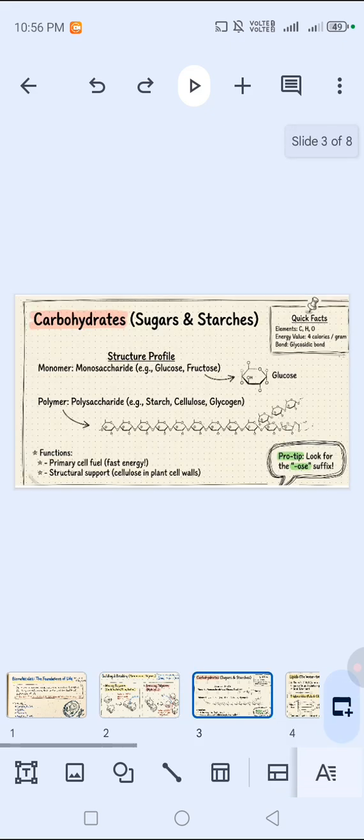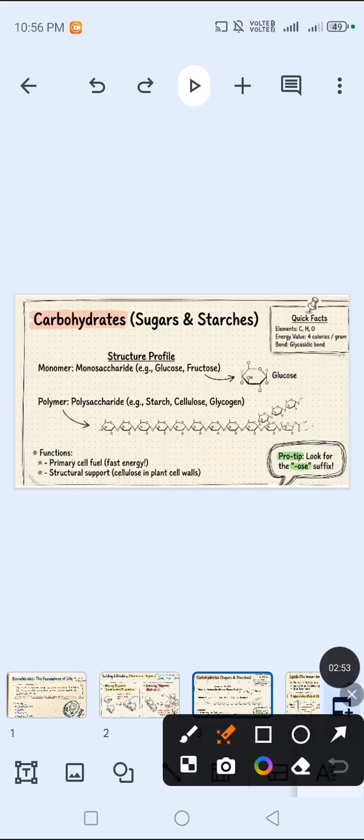So let's move to the carbohydrates, which we call sugars. First of all, carbohydrates are your body's primary quick energy source. This is the main thing. The elements found here are carbon, hydrogen, and oxygen.